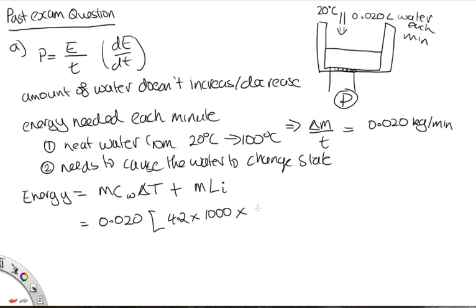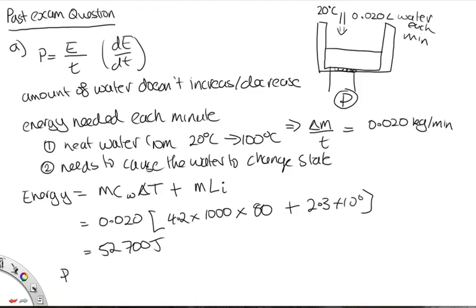The change in temperature is 80 degrees, from 20 to 100. Plus we need the mass of water that we're changing state of, which is 0.020, times the latent heat of vaporization of water, which is 2.3 times 10 to the 6. Solving this on the calculator, we get 52,700 joules needed each minute.